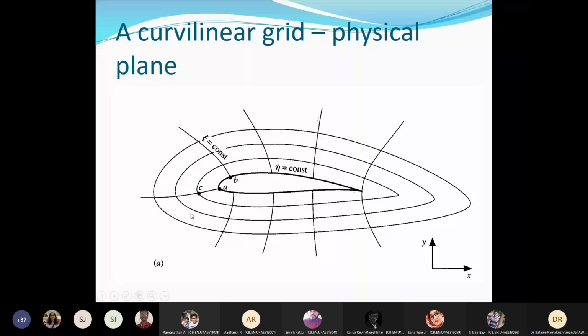Conversely, for any x here, the eta may be a fraction between these two. So for every zeta and eta, there is an x comma y, which is easy to visualize. Now the inverse transformation. For every x comma y, say an x comma y somewhere here.